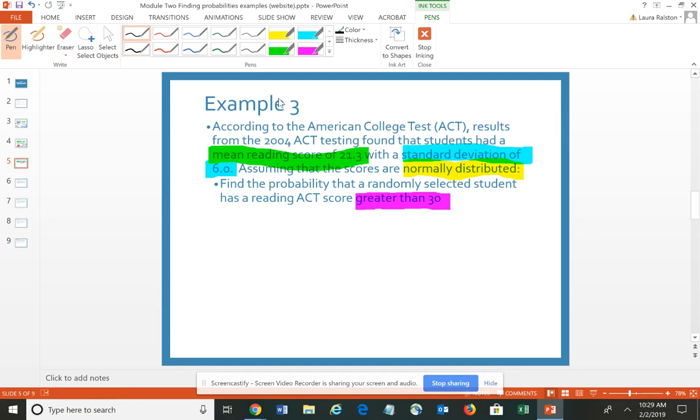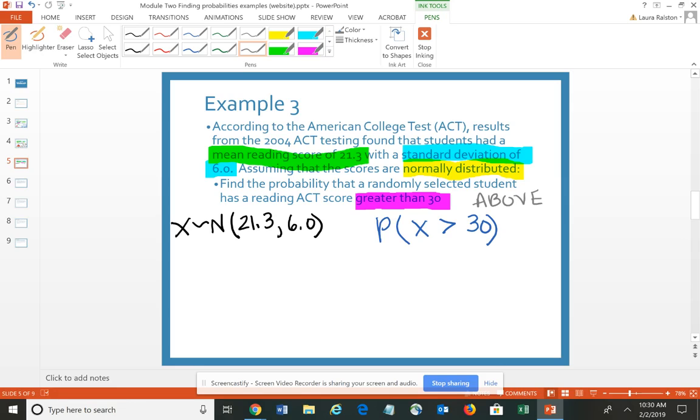Writing it in symbols, X is approximately normal with a mean of 21.3 and a standard deviation of 6, and we'd have the probability that X is greater than 30. Another way to express greater than, which we're going to need when we get to the website, is above. So they use the word above for greater than, and below for less than.